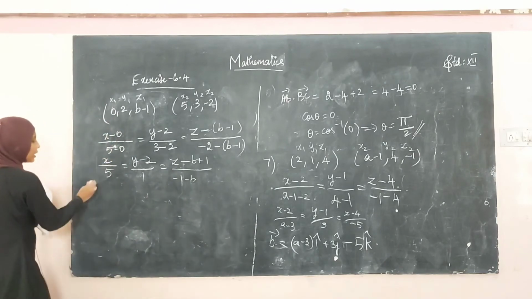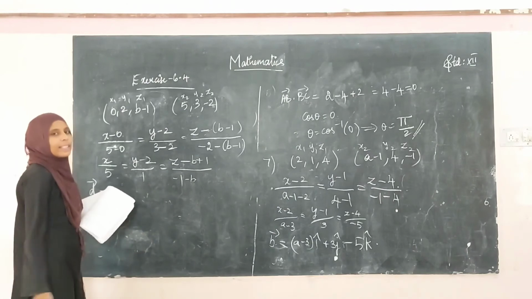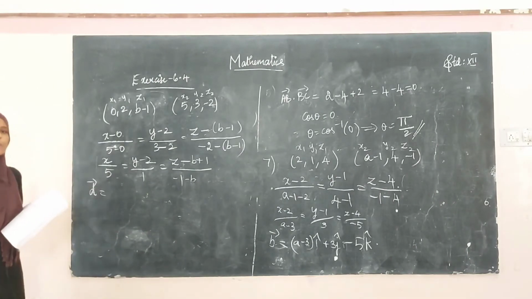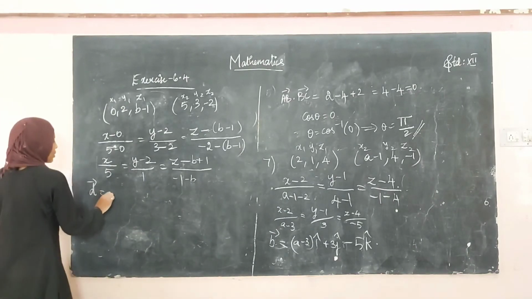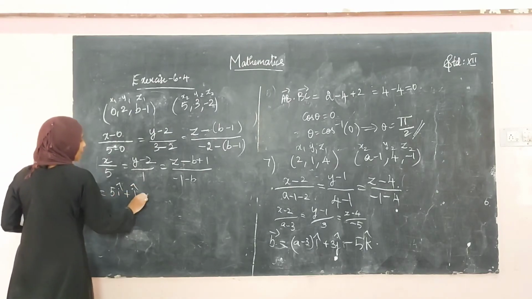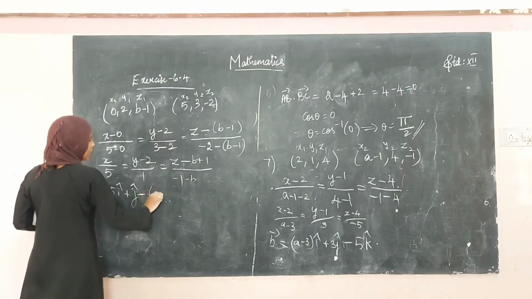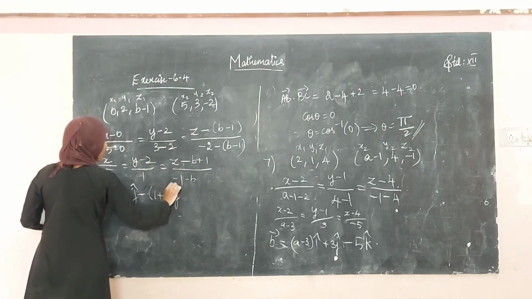Now using this, shall we write the d vector? This is d1, d2, d3. So d vector will be d1 i cap plus d2 j cap plus d3 k cap. So 5 into i cap plus 1 into j cap plus, taking the minus outside, minus 1 plus b into k cap.